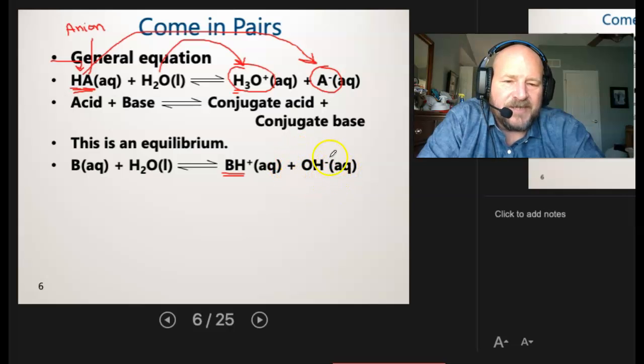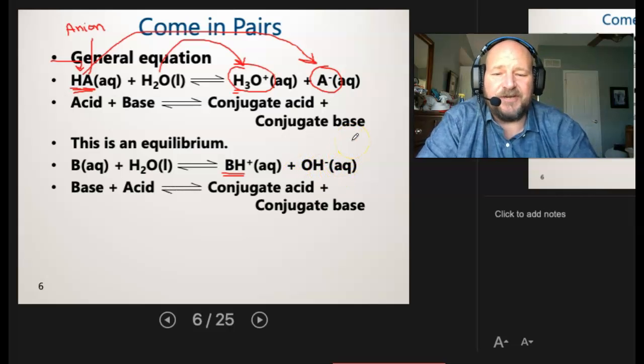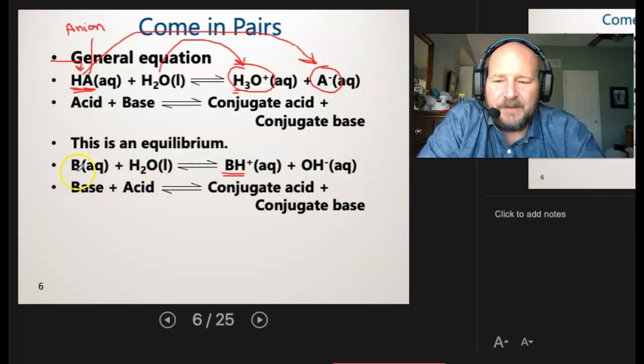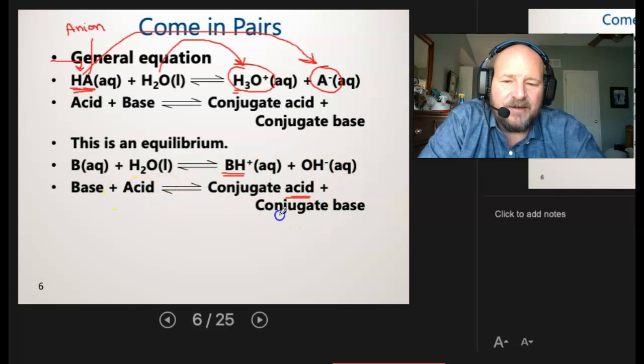And that's why we say OH is typically going to be a base. And now we see that OH minus on this side will actually be the conjugate base. So we had a base. We're going to use water as the acid. Once that base accepts the proton, it becomes the conjugate acid. The water then, which was the acid, now becomes the conjugate base.